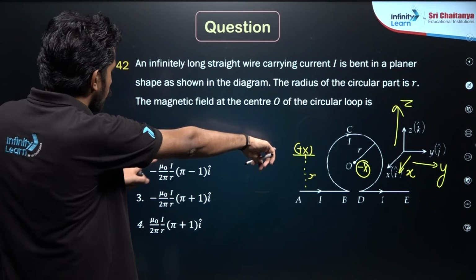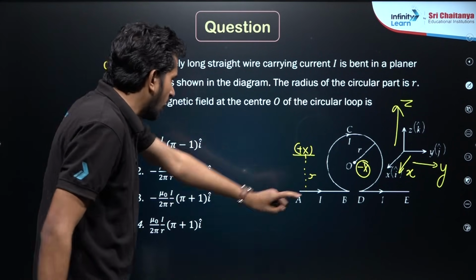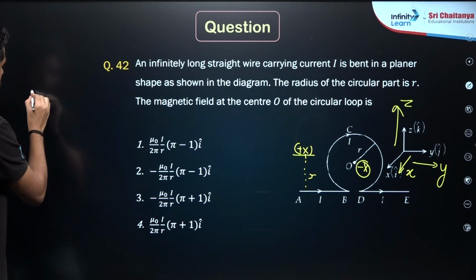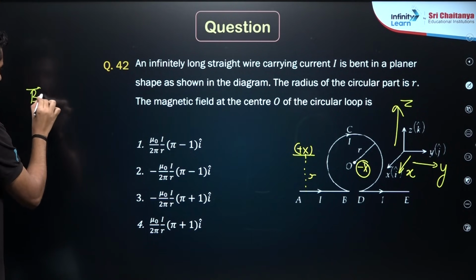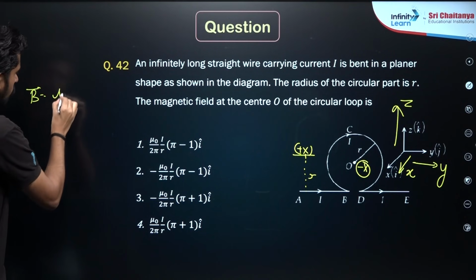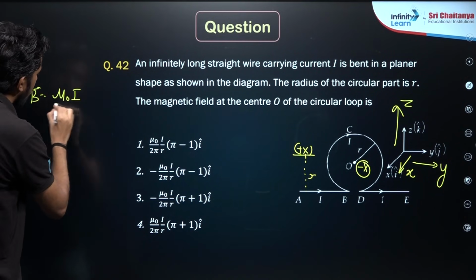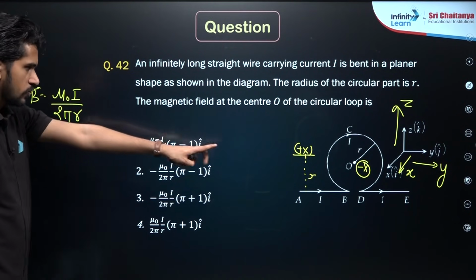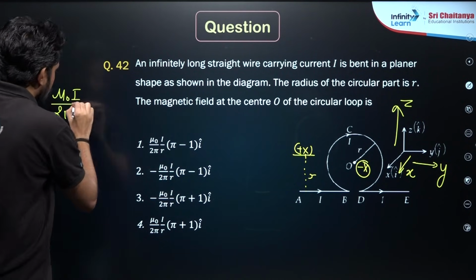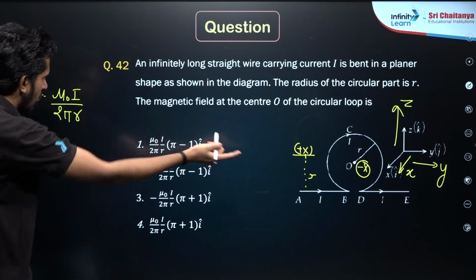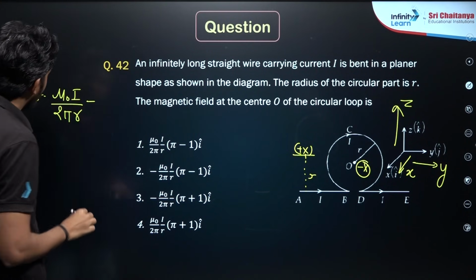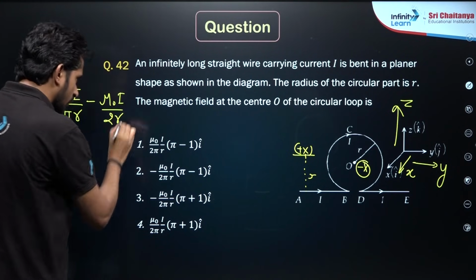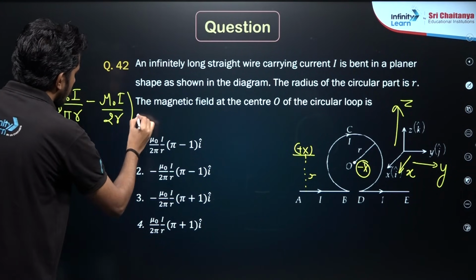So plus x is due to the wire. Now we are calculating total magnetic field. Due to long wire, mu naught I by 2 pi r, and this is in positive x and that is in minus x. So let's write here only. The loop value is mu naught I by 2r, we know, and i cap.